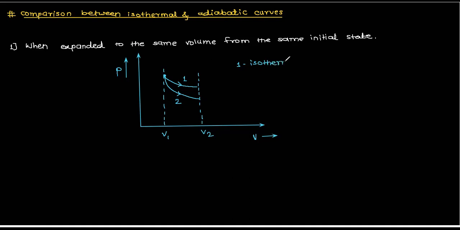In this graph, curve number 1 is for the isothermal process, and curve number 2 indicates the adiabatic process. Which process? Adiabatic. So if we compare, first of all, the work done.